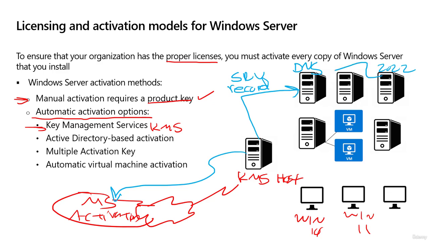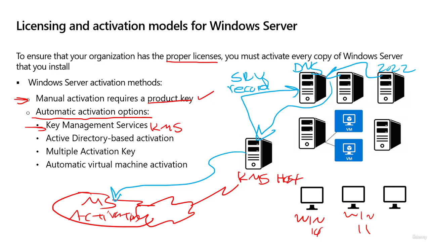It's going to query DNS saying, is there a KMS host on the network? DNS says it is, and DNS will direct you to the KMS host, and you automatically activate. Now, one of the beautiful things about this is you don't know anything about it. You just install the operating system, it just works. I don't have to click anything. It'll just automatically do that as soon as the operating system is installed. Same is true of your client. I don't have to activate it as an IT person or try to have users do it. It's going to be automatic.